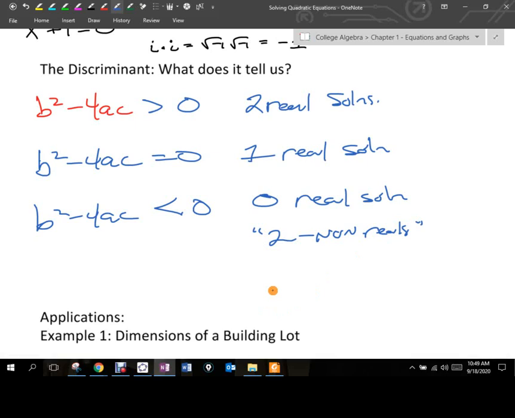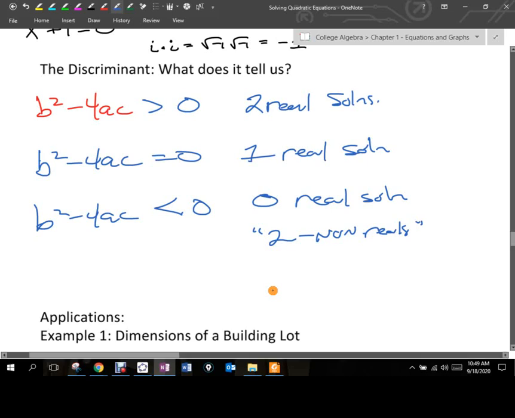And that's the discriminant. The keyword discriminate means to find differing or altering characteristics, correct? Does that make sense? Okay, and this is the thing that creates that difference. I don't know how many solutions we have.